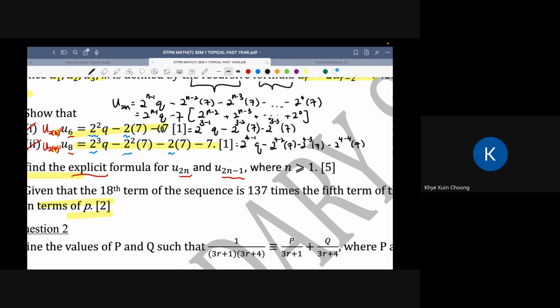So what is this? This is actually a geometric progression. So we can use the formula for the sum of a geometric progression. Sum to how many terms? You need to count the correct number of terms so that you can use the correct formula.